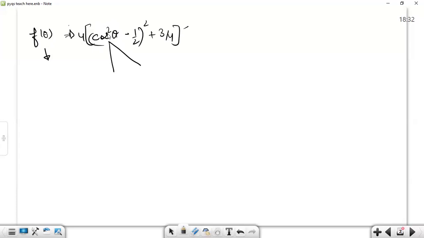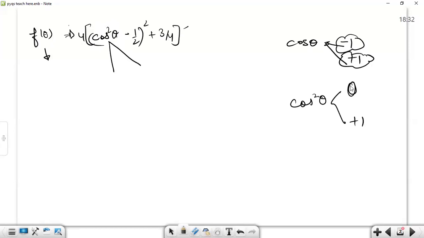For cos theta, the minimum is -1 and the maximum is +1. For cos square theta, the minimum is 0 and the maximum is +1.